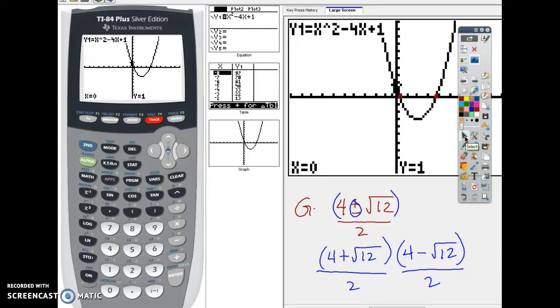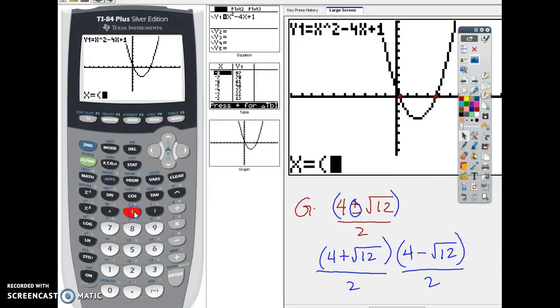So in here in trace, I'm going to type parentheses 4 plus the square root of. Notice that it opened another parenthesis, so I'm going to have to close it twice. 12 and then close, close. Divided by 2, enter. And make sure that it gives you a 0, which it does.